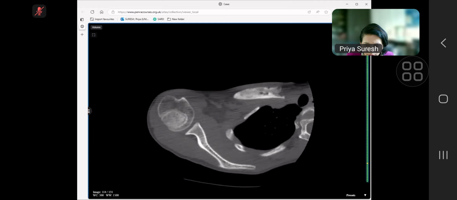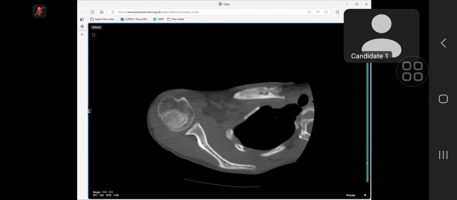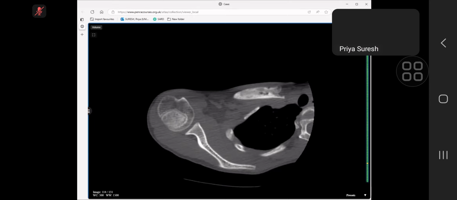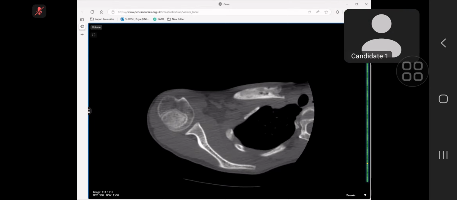Chronic osteomyelitis. And do you think if we do the biopsy of this, it will grow anything? I would correlate with the history of the patient. In case of chronic osteomyelitis, there should be a chronic history or any previous imaging if available.